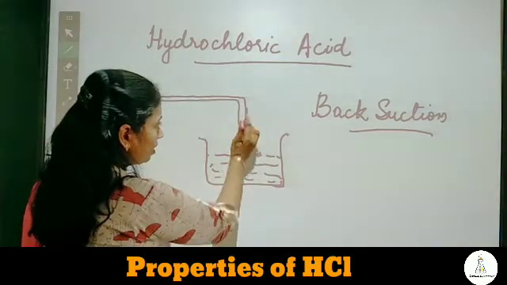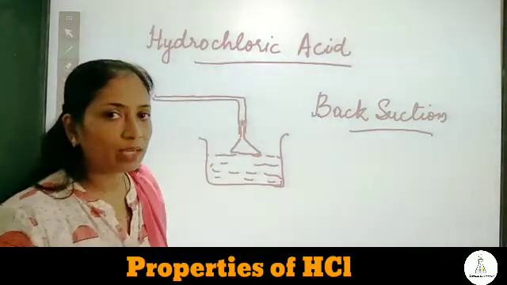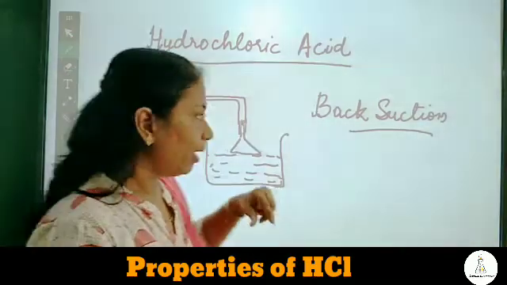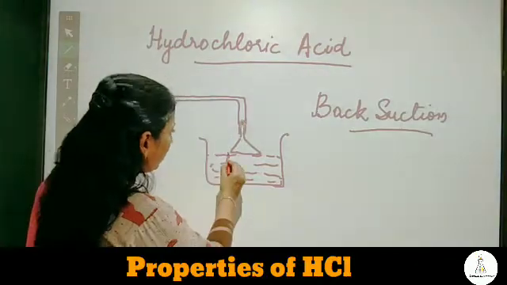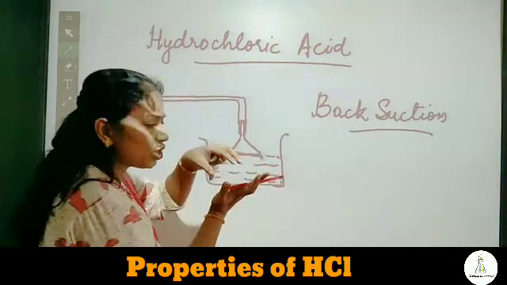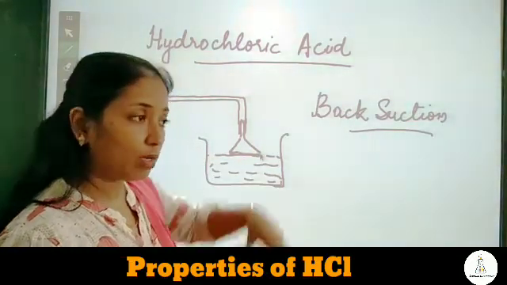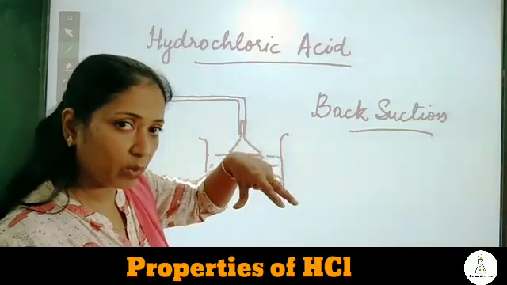The tube of this funnel we will insert into the delivery tube, and the inverted funnel will be kept just at the surface of water, just touching the surface, not immersed in the water or hanging above it.